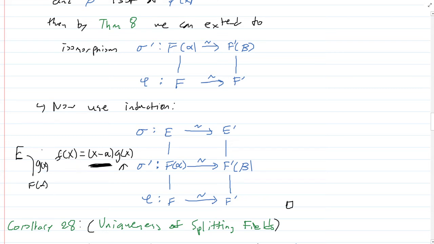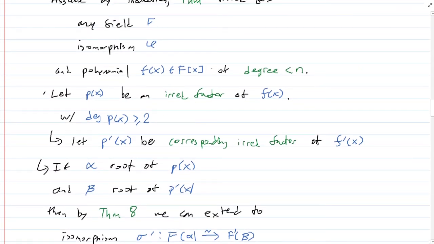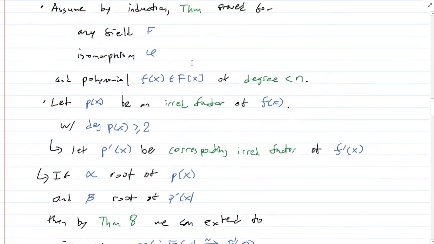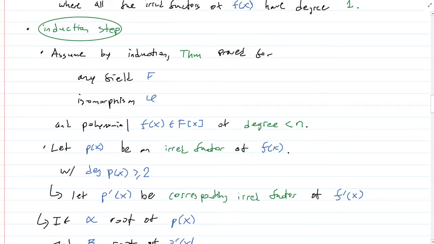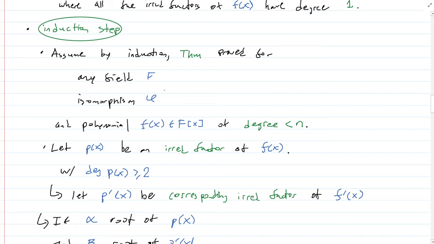And furthermore, what do you notice about g of x? It has degree less than n, right? And the point of the induction step was that we assumed we have the result for all polynomials of degree less than n, right?